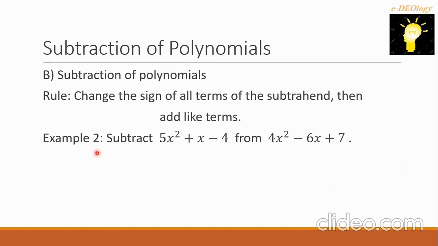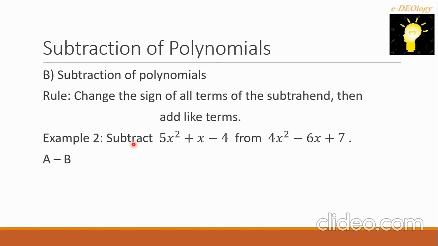Let's have another example. Subtract 5x squared plus x minus 4 from 4x squared minus 6x plus 7. So there is a little analysis of the position of the polynomials here. We know that we are putting a minus b in a normal operation of subtraction.